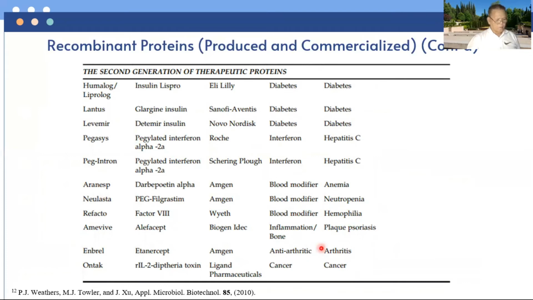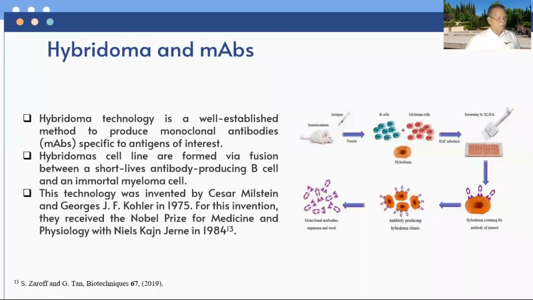Then now let's move to hybridoma technology. Hybridoma technology is a well-established method to produce monoclonal antibodies, or as we call them, MABs, specific to an antigen of interest. Hybridoma cell lines are formed via fusion between a short-lived antibody-producing B cell and an immortal myeloma cell.